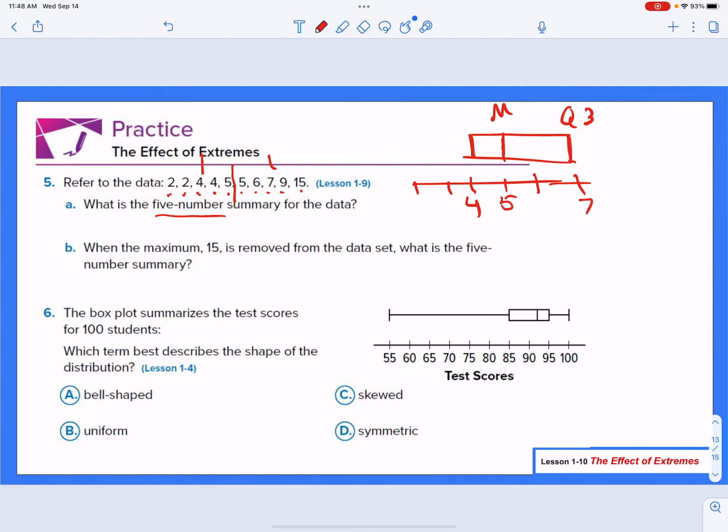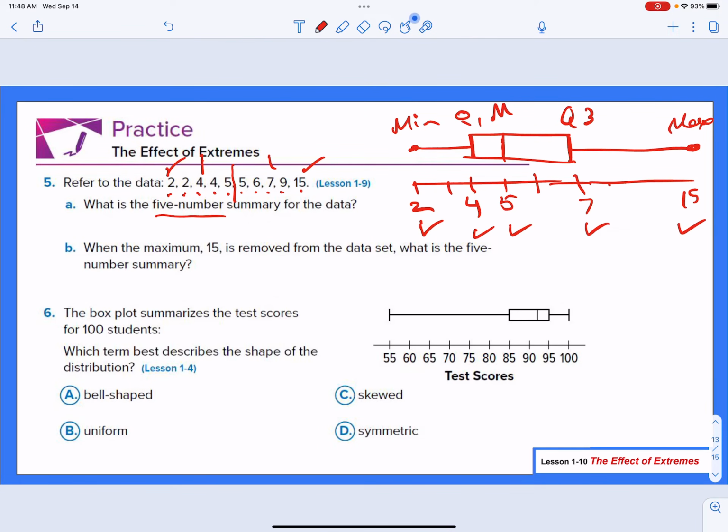Our minimum is here at 2. And our maximum is going to be way over here at 15. Okay, so what do we see here? All right, so that's our 5 numbers here. Okay, so we have our minimum and our maximum. So our 5 numbers are 2, 4, 5, 7, and 15.